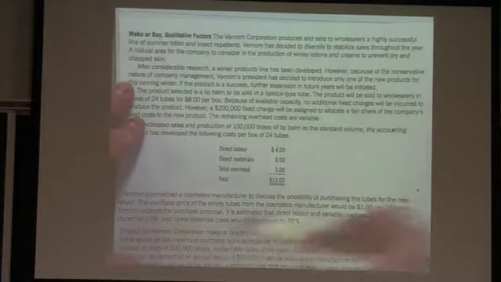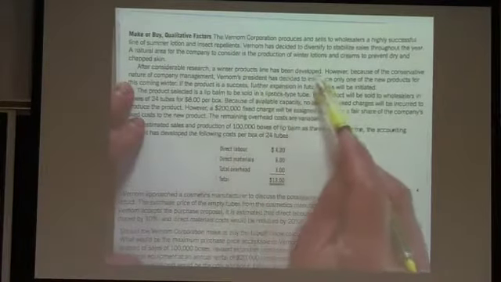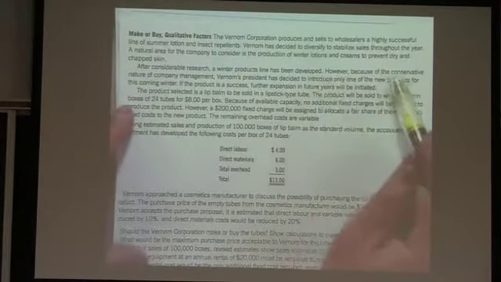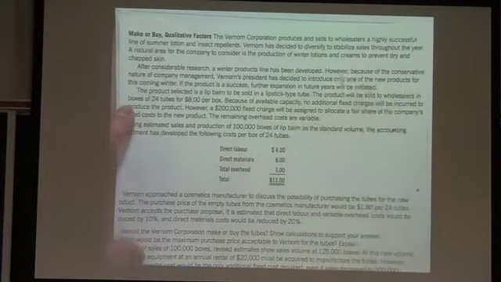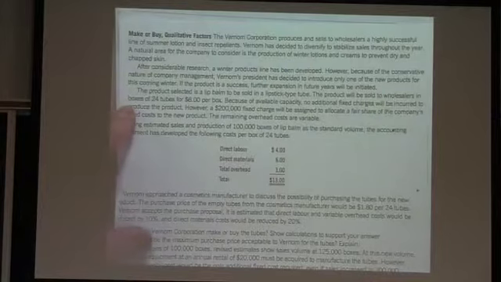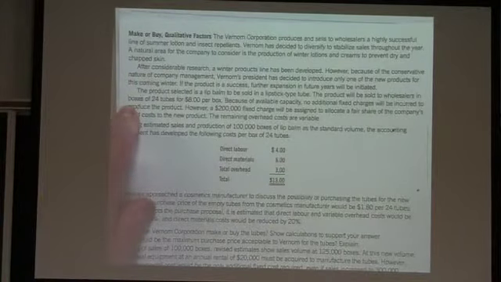After considerable research, a winter product line has been developed. However, because of the conservative nature of the company's management, Vernum's president has decided to introduce only one of the new products for the upcoming winter. If the products are successful, further production in future years will be initiated.